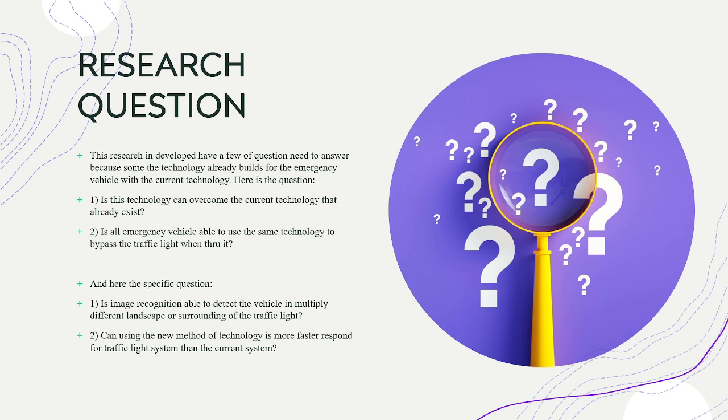And here is the specific question: is image recognition able to detect the vehicle in multiple different landscapes or surroundings of the traffic light? Can the new method give a faster response for the traffic system than the current system? As we know, some traffic lights do not have this, but they use RFID.